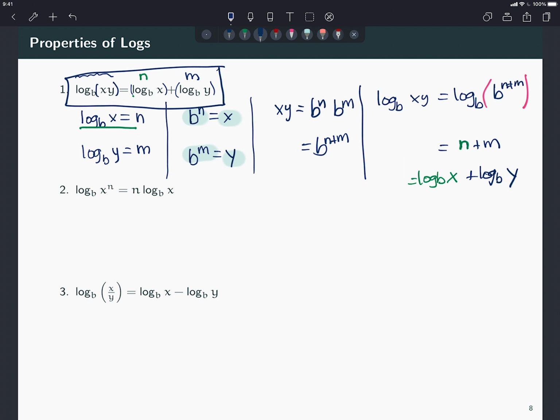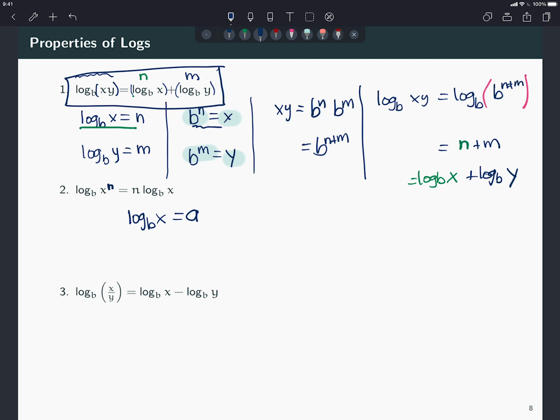Okay, now for our second one, we do the same steps. The problem is that now I have the number n here, so I cannot use it for the log. Because I can't use the letter n for two different things, let's call the log base b of x a different letter, let's call it a.